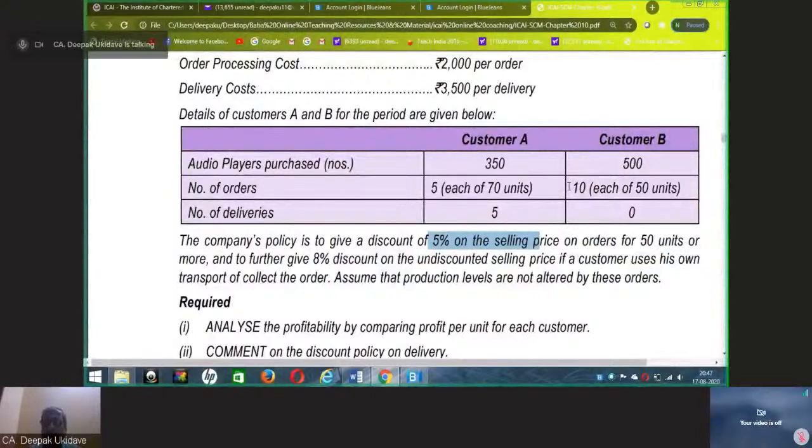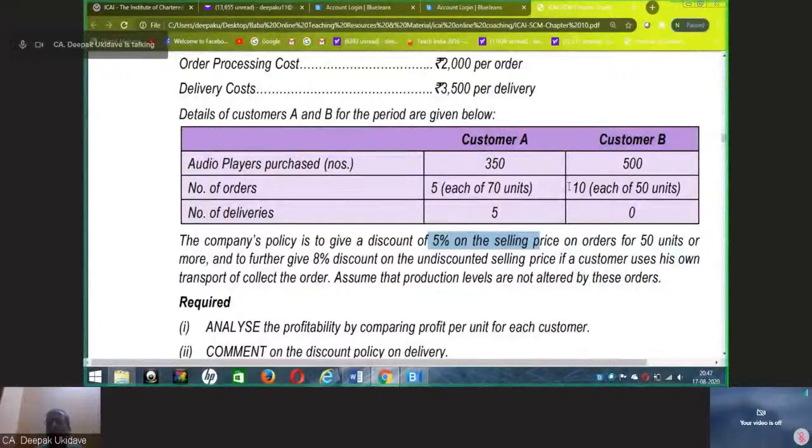If that is the case, then the company will give you 8% discount on undiscounted selling price, that means the original selling price. Assume production levels are not altered by these orders. Yeah? I think complete data is given. Very interesting case study. Analyze the profitability by comparing the profit per unit of each customer.